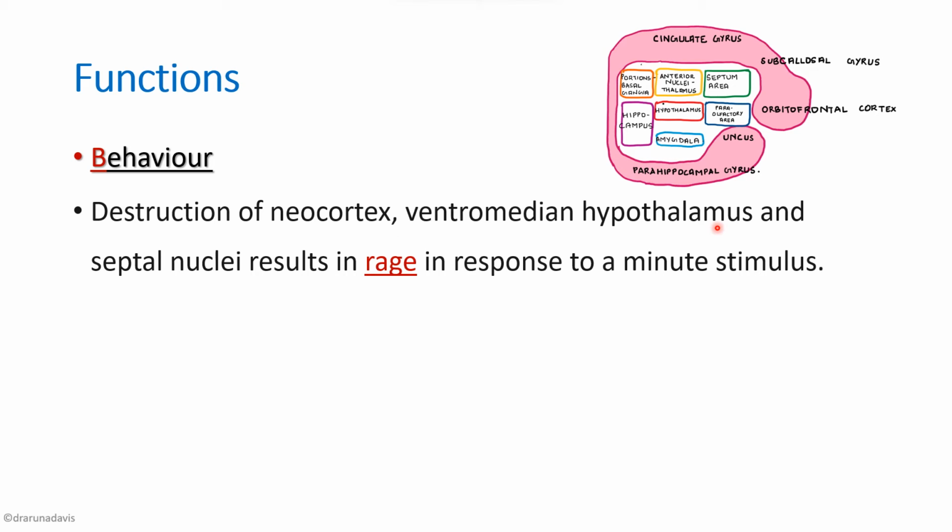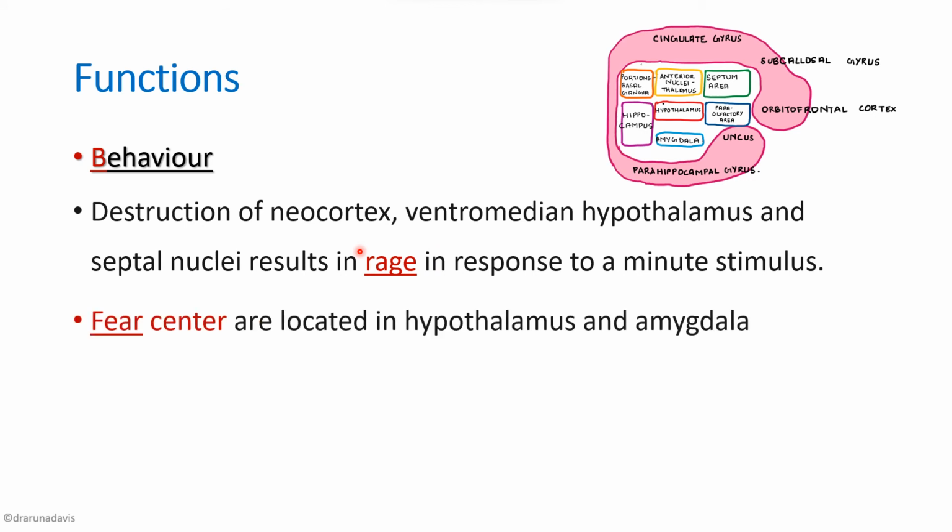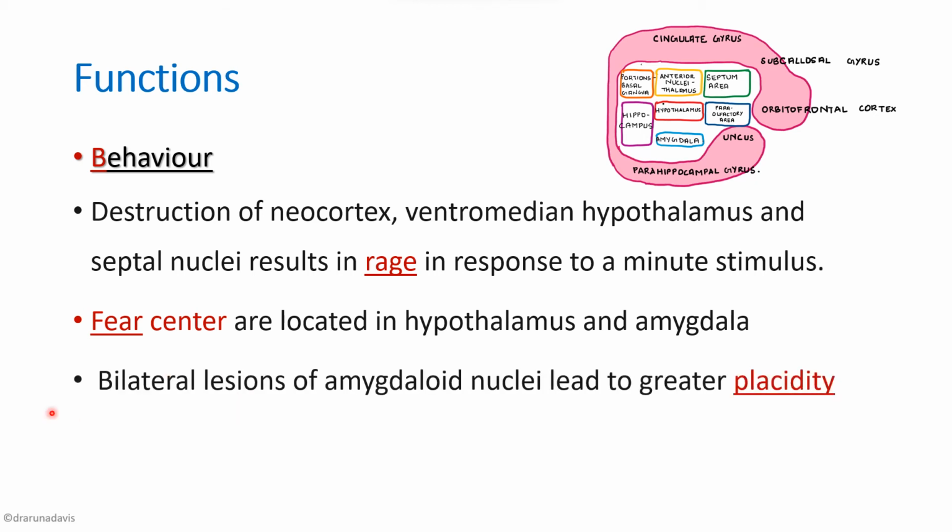Secondly, they found out that there's a fear center which is located in the hypothalamus and the amygdala. And also they found out that bilateral lesions of the amygdala nuclei led to greater placidity. Placidity means calmness. So from this we can understand that all our emotions are related to the limbic system, so that any lesion in any part of the limbic system will produce its own difference in behavior.